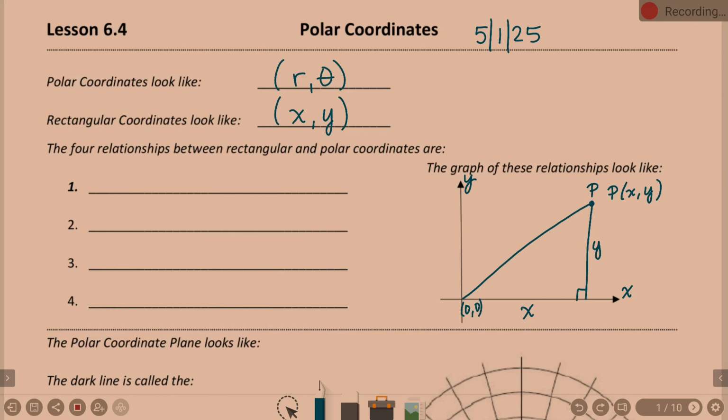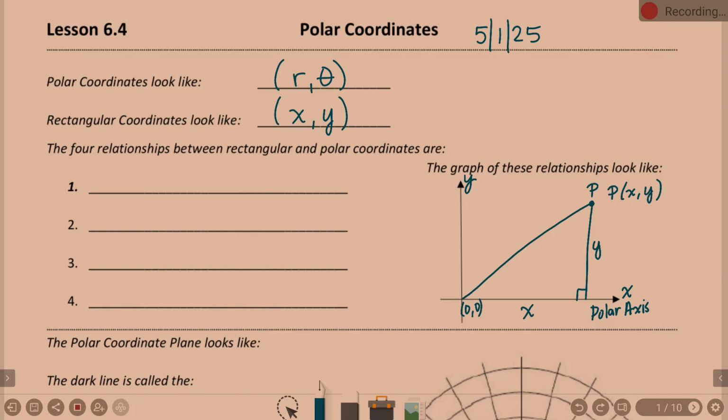Now we're going to talk about polar coordinates. When we start talking about polar coordinates, instead of this being the x-axis, we're now going to call this the polar axis. The y-axis won't really exist because we're working on something that looks more like the unit circle than the rectangular.